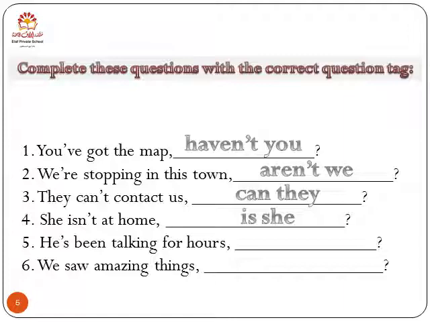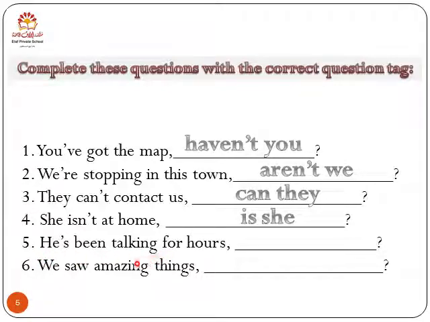Good. Now for number 5, he's been talking for hours. He's been talking for hours. Now, the apostrophe S here, it's not is. If you wrote is, then it's incorrect. Why? Because this sentence is present perfect continuous.